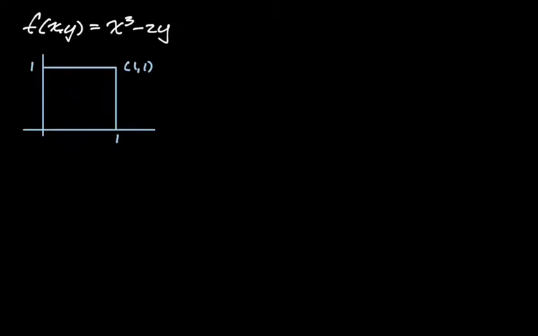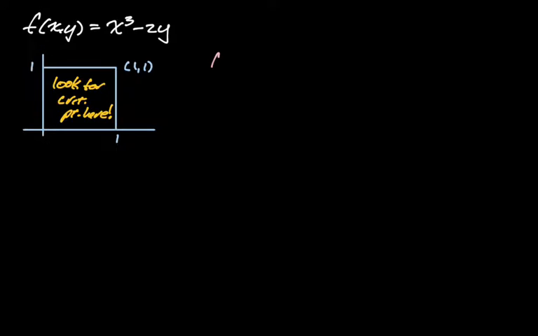And what if there's a critical point within the region where a minimum or a maximum might happen, right? Think about like a trampoline, I guess, or just like a piece of fabric that you're putting over this square frame and then the fabric's going to droop down. The minimum could definitely be within this region. So I have to look for critical points within the region.